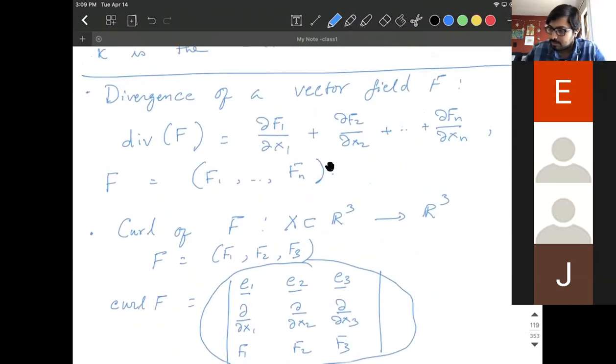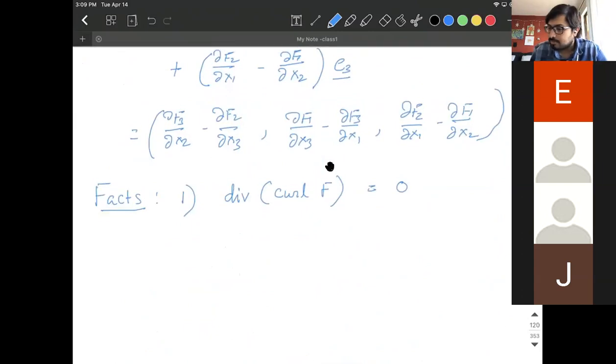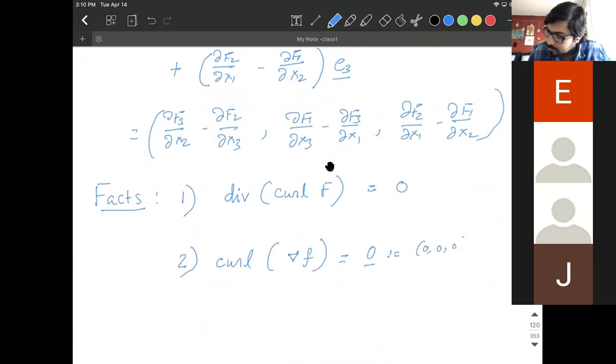Divergence is the partial derivatives with respect to these components, and if you add them up, you will get exactly this form. And number two is that if you take the curl of the gradient of a scalar field, that gives you the zero vector. So zero vector in R3.